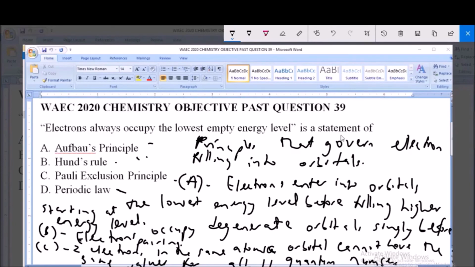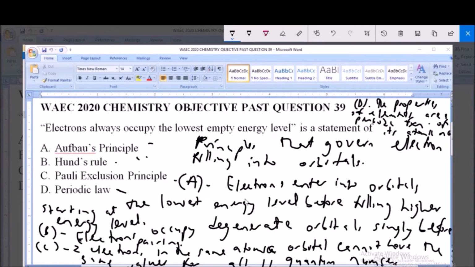And option D, the periodic law, states that the properties of elements are a periodic function of their atomic number.